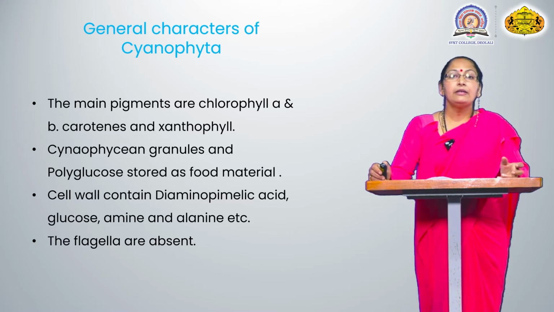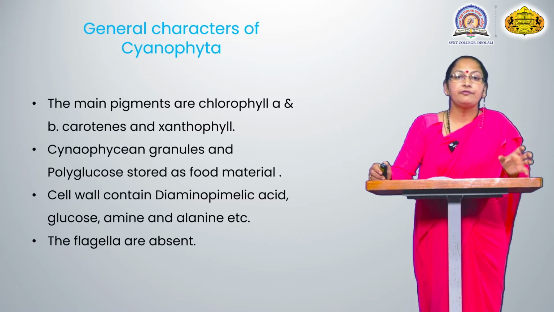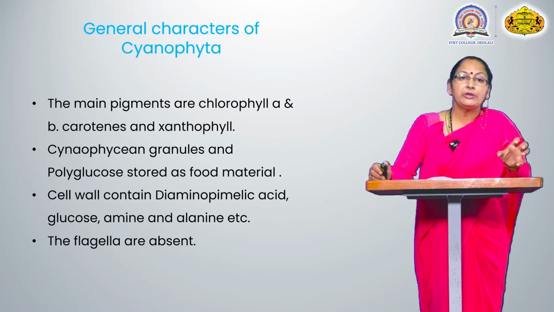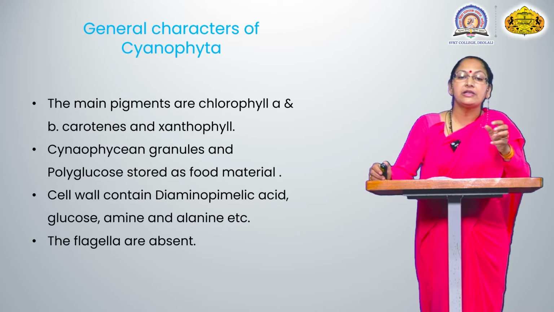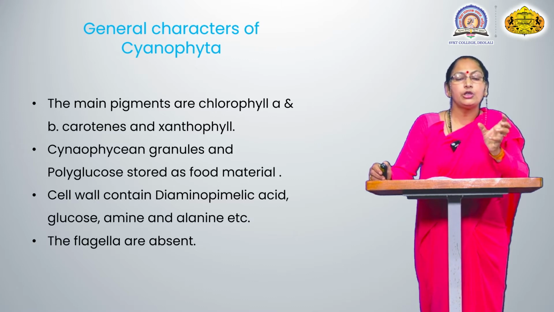Okay. Then the next one is the reserve food material, a very important factor also present in algae. Because of all these characters, algae are classified: first the pigment, then the reserve food, then the cell wall, and then the reproductive gametes, each having particular characters.